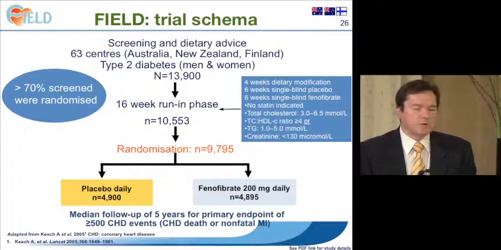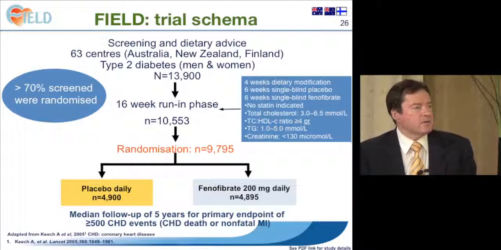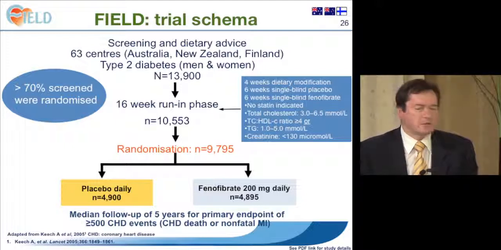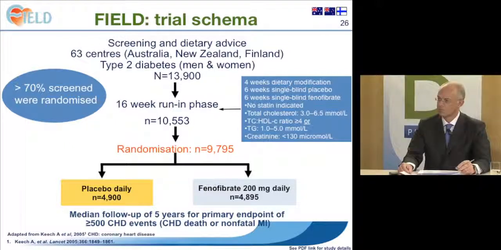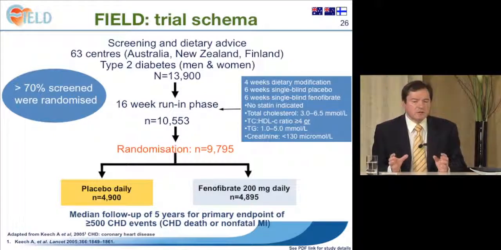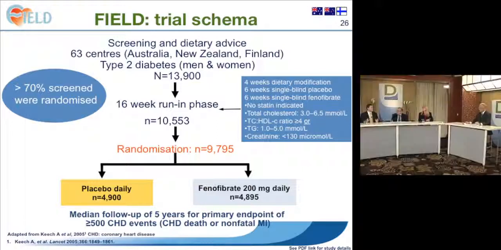Patients were then randomised between 200 milligrams of fenofibrate, which is equivalent now to the co-micronized 145 milligram preparation that's available in most countries, and compared against a matching placebo in a double-blind fashion until there were 500 primary endpoint events, which in the case of FIELD was coronary death or non-fatal heart attack.